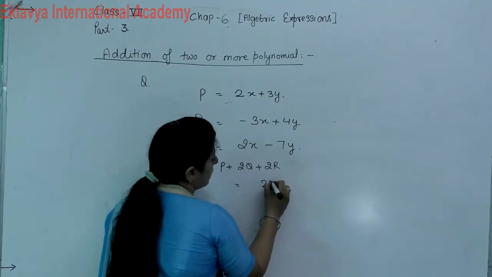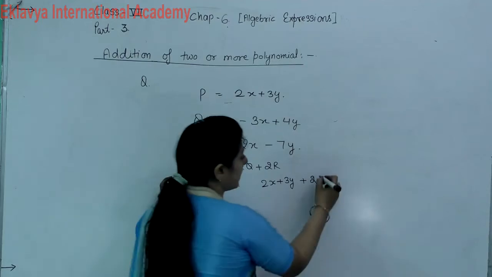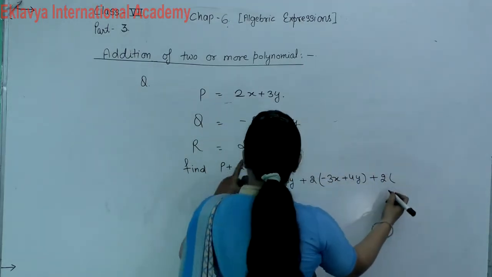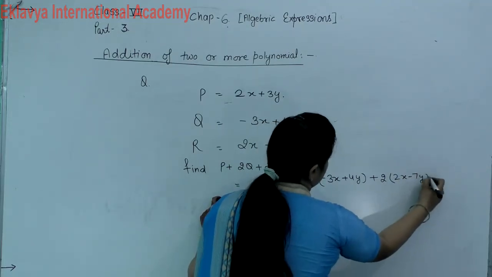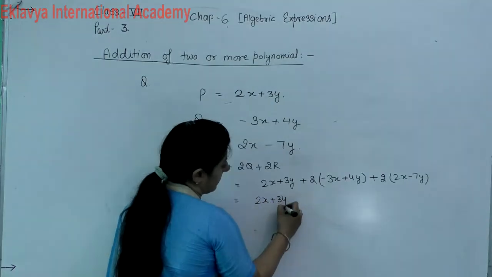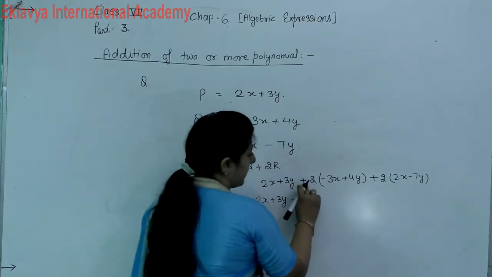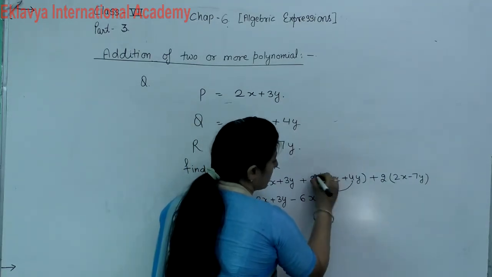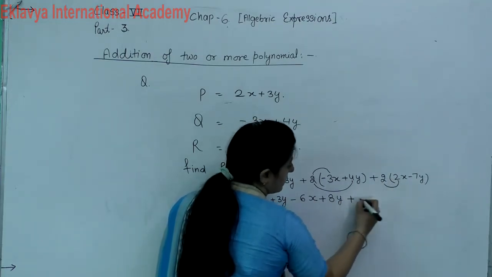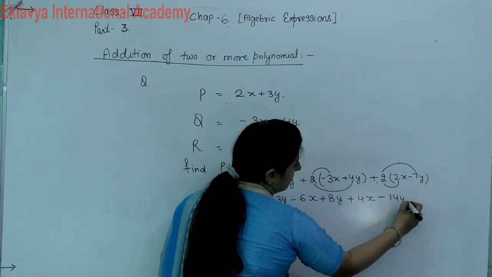Firstly the p value 2x plus 3y, plus 2q, it means put the value of q, minus 3x plus 4y, plus 2r, 2x minus 7y. Now solve it. 2x plus 3y, plus minus minus, 2 3s are 6, 6x, plus plus plus, 2 4s are 8y, plus 2 2s are 4x, plus minus minus 2 7s are 14, 14y.